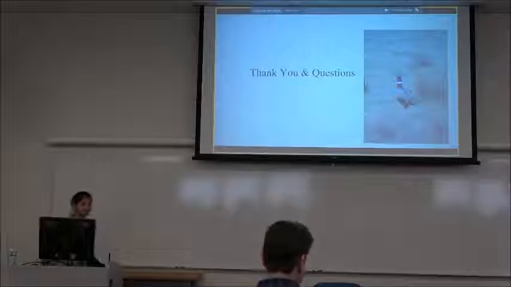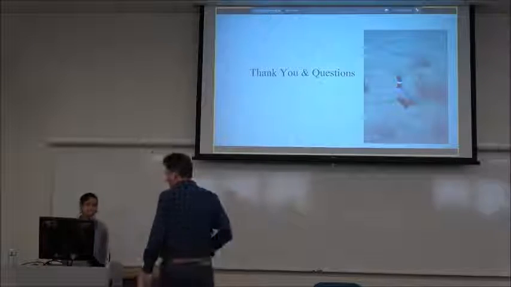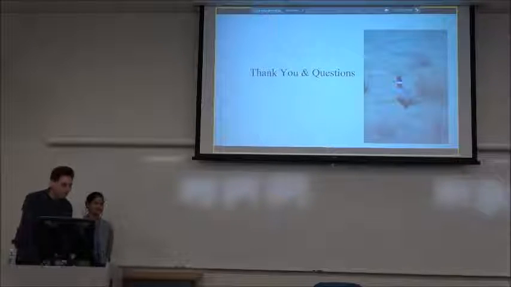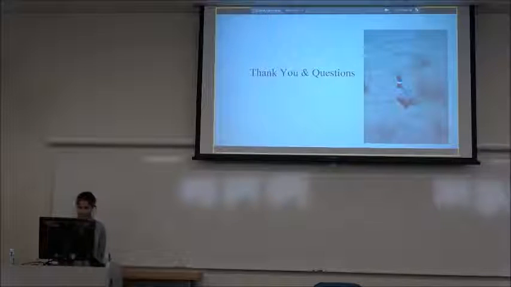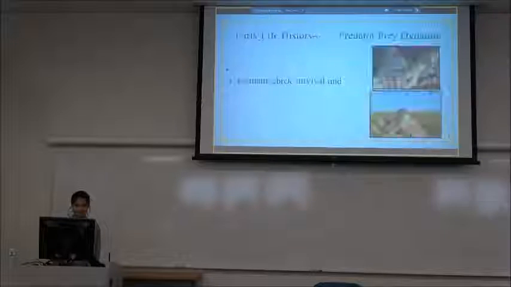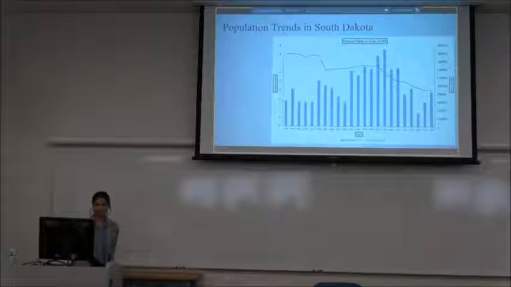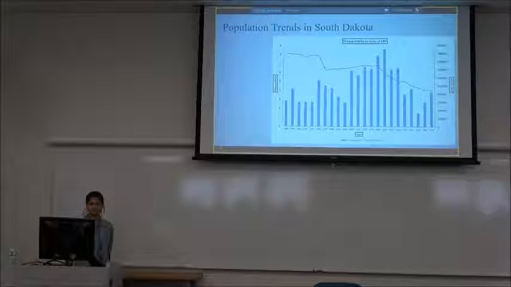A quick question. Early on, you showed a relationship between land in CRP and the pheasant population. I didn't see a relationship, because there was a lot of land in CRP but a low number of birds between 1993 and 2003.